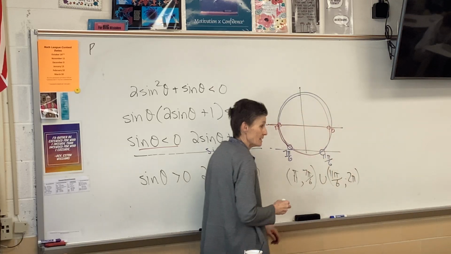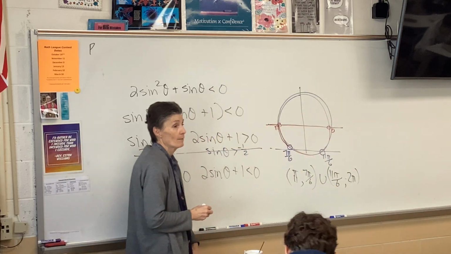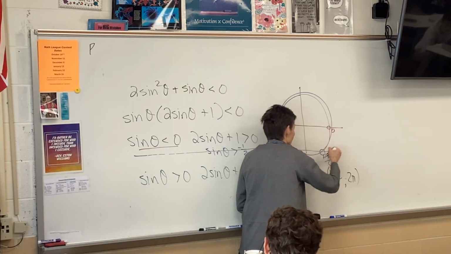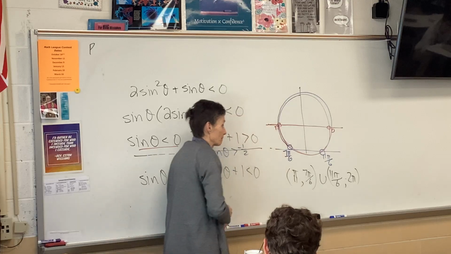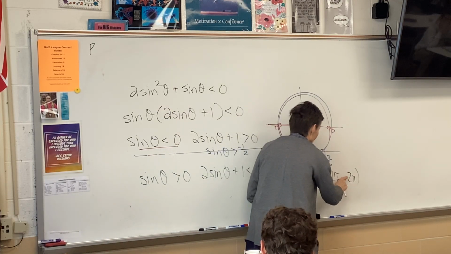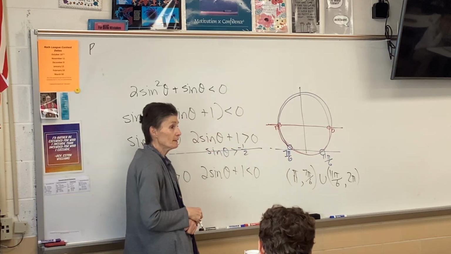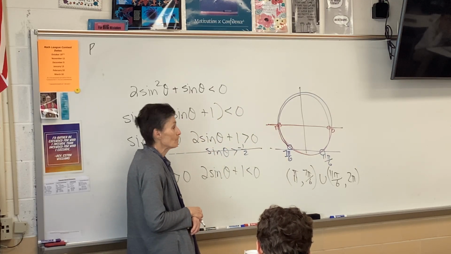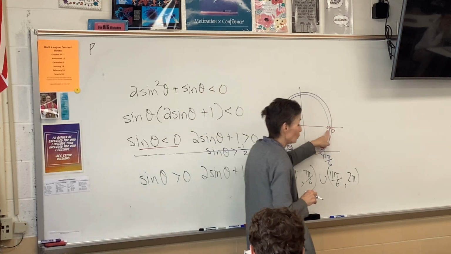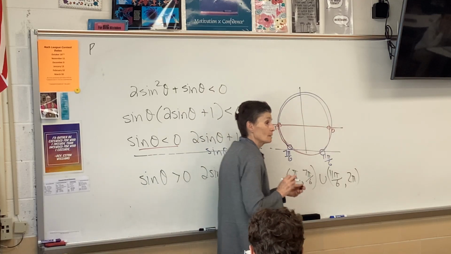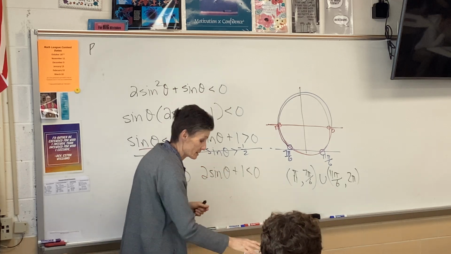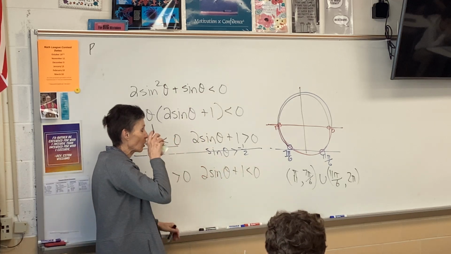We cannot say 0 because we're going this way, and that's 2 pi. Yep, Charlie? Is the 2 pi bracketed? No. It's not, because those dots are open. Ah, gotcha. If I had shaded there, yes, not this time.